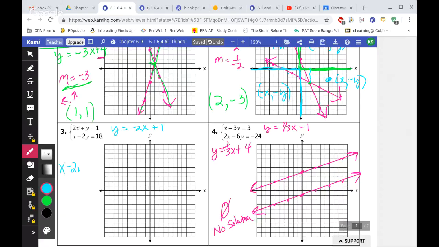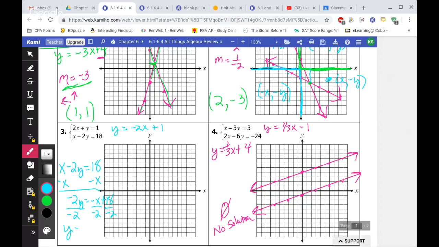x minus 2y equals 18. Subtract x from both sides. We have -2y equals -x plus 18. Divide everything by -2 to further isolate that y.